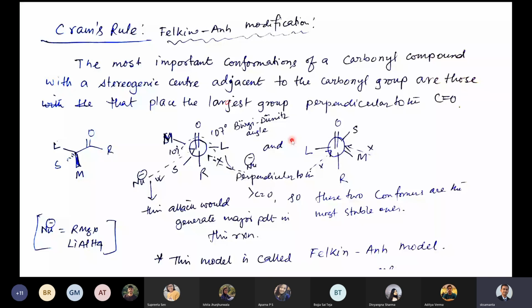So basically you get the product and then you can study the mechanism, see the crystal structure, maybe trap the transition state or something, and then you can find out which model it is actually following. Okay. So for academic purposes, we will say, apply the Felkin-Anh model and figure out what would be the product. Okay. Do you understand what I said?